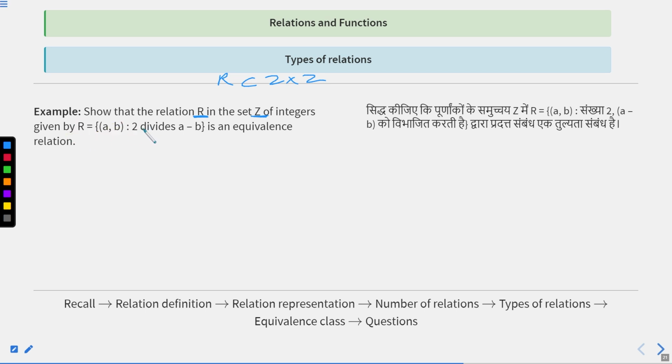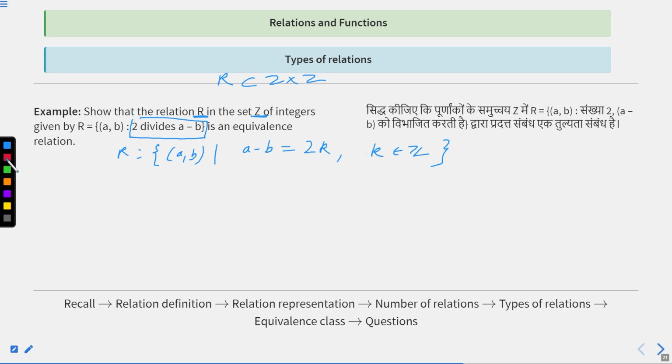In other words, we can write it as the collection of (a, b) such that a minus b equals 2 times k, where k belongs to the integers.